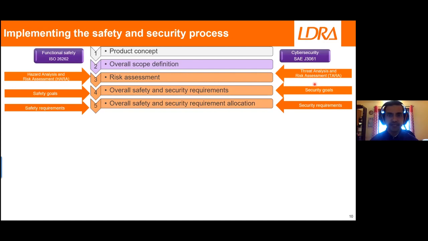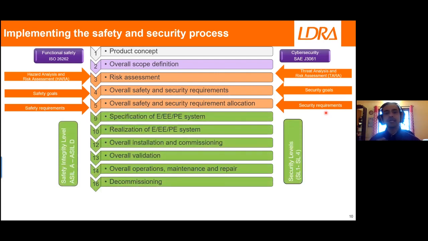How secure is your system? What are the risk mitigations for those particular threats? That's what the security process is going to specify. So you need to have the security goals and the security requirements. That means when the system is going to be built for both safety and security, this risk assessment approach is done at the safety level as well as at the security level.